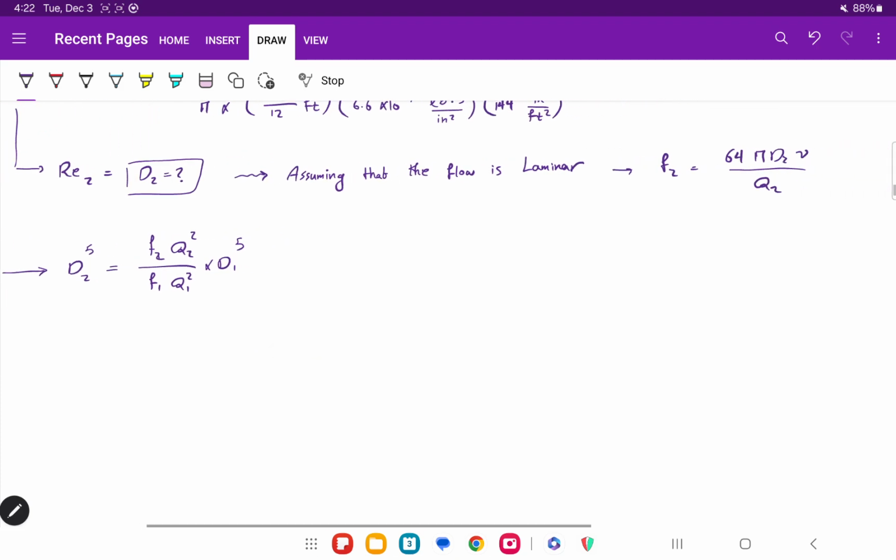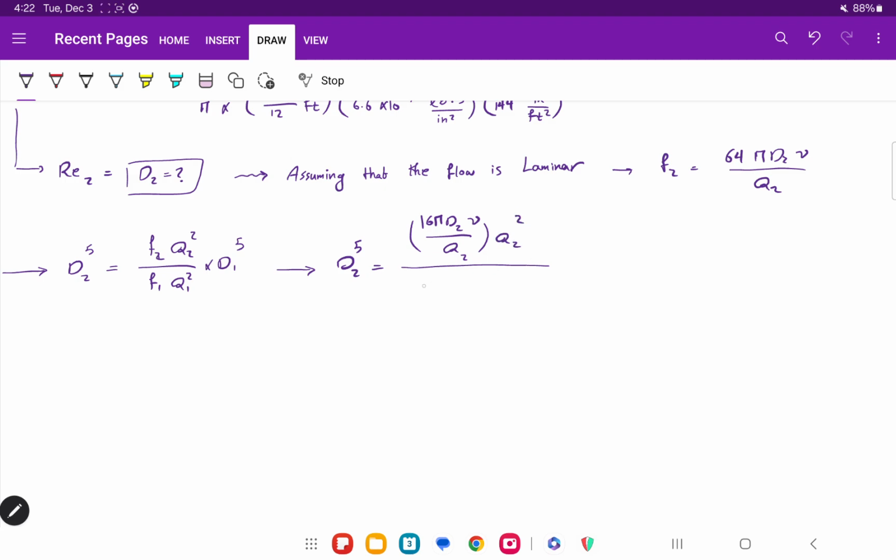And if we replace F1 and F2, we would have D2 to power 5 equals 16 pi d2 nu over Q2, this is F2, times Q2 square over 16 pi d1 nu over Q1, which is F1, times Q1 square times D1 to power 5.